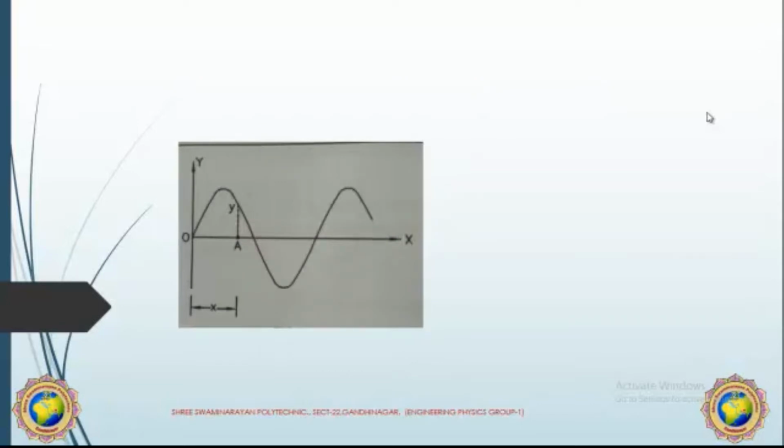Now this is the figure of simple harmonic motion. Consider a particle A, situated at a distance x from the origin. v is the velocity with which the wave advances.